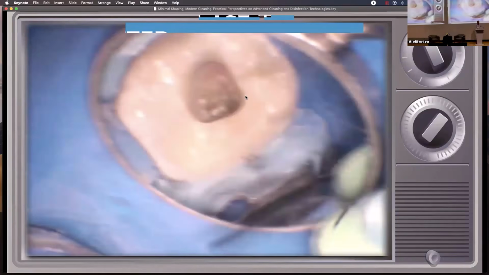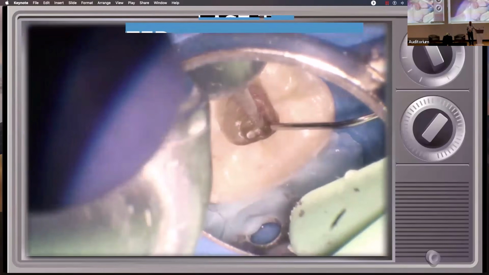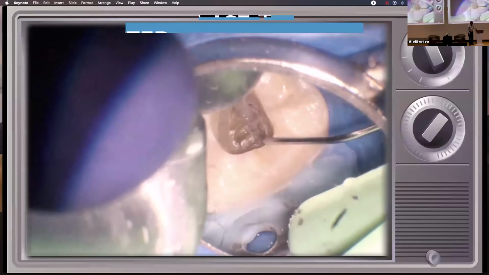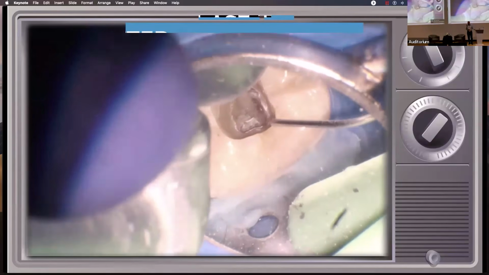We've necked it down as we go through the pericervical dentin. For the final bit of access, we're going to switch to an LA access, rounded tapered diamond, dry. I'll do the final access into the tooth dry for better visibility.